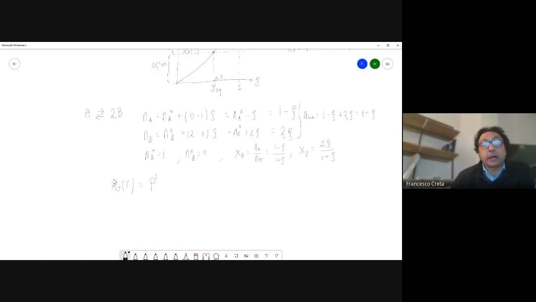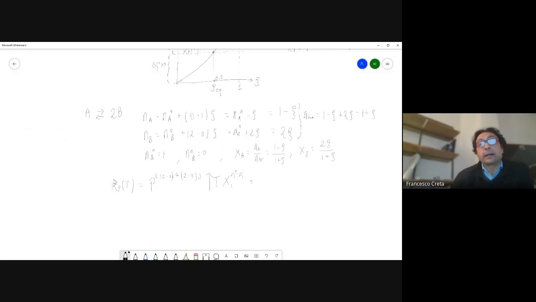So let's see how much it is for this case. For species A, it would be 0 minus 1, plus for species B it is 2 minus 0. So this is clearly equal to 1, times the product of xi, the usual stuff, to the power of the difference of stoichiometric coefficients.